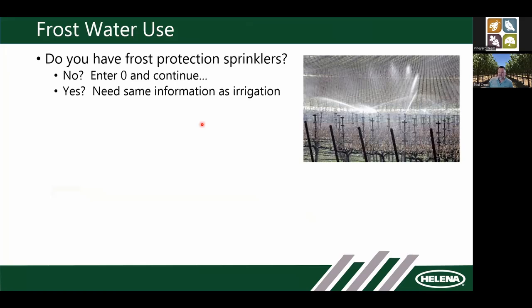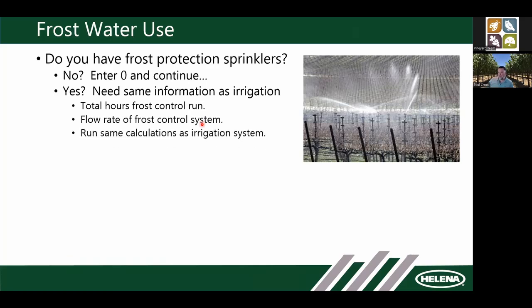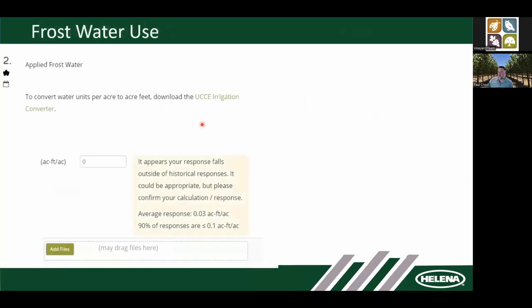If yes, you need the same information as your irrigation, which is the total hours of frost control run and the flow rate of the frost control system, and then run your same calculations as the irrigation system. We're again going to need to convert into acre feet per acre as our entry.